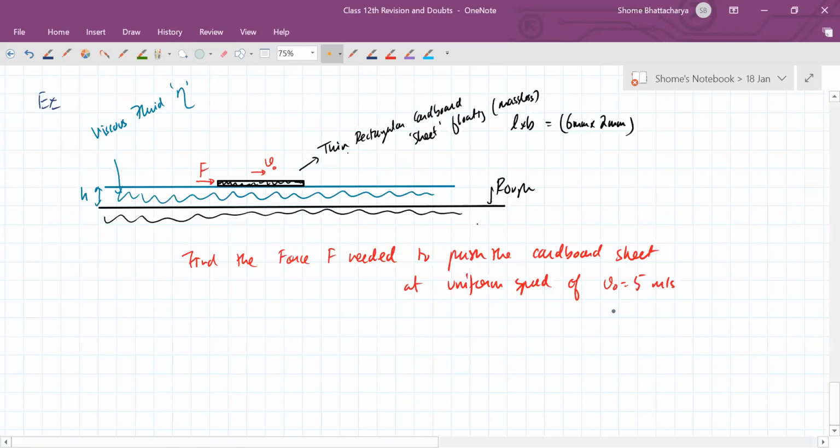So let's take eta for this liquid as 0.75 Pascal seconds, or Newton second per meter square.